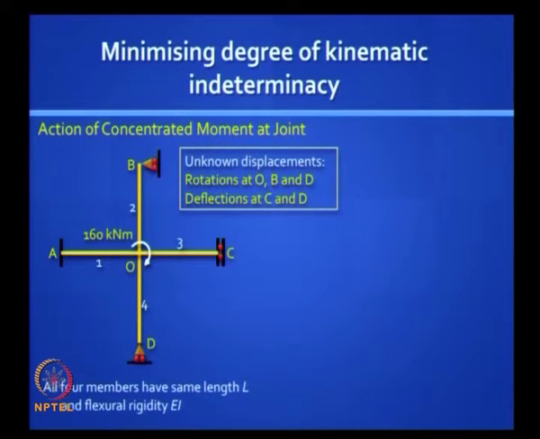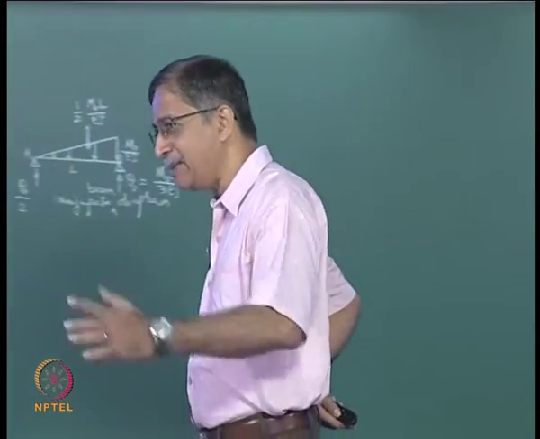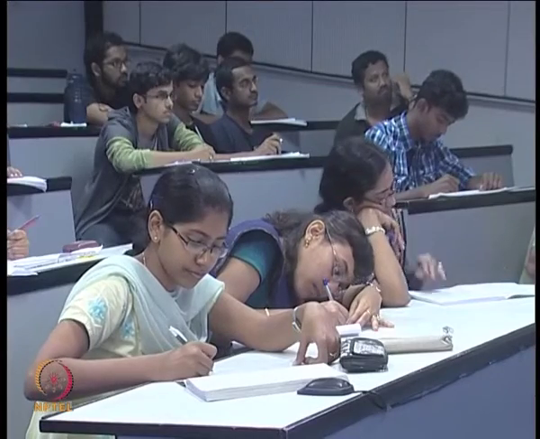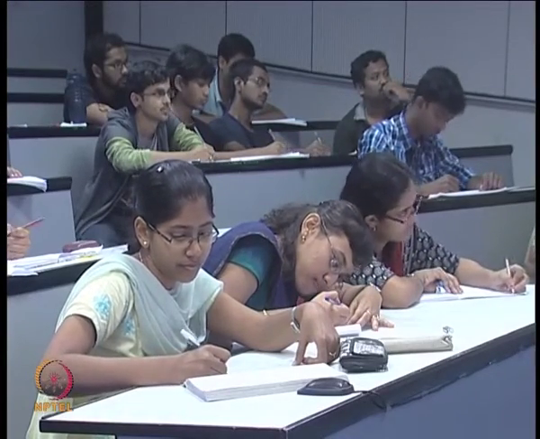Can you give it a shot? Okay, first thing you should try to do is draw the deflected shape. That will give you a clue. Draw the deflected shape. You really try it, because you have to move your brain.